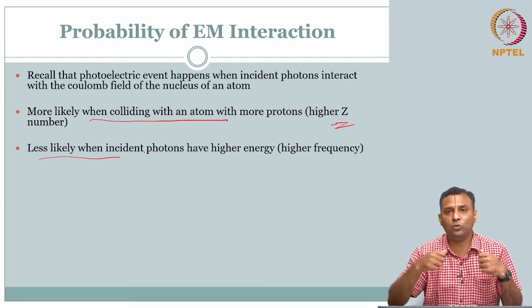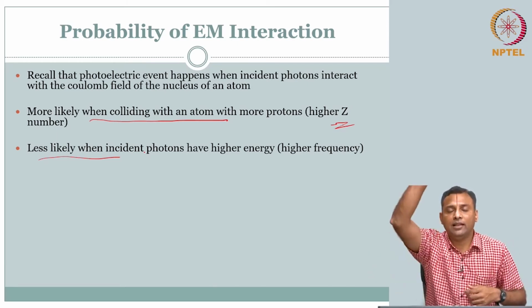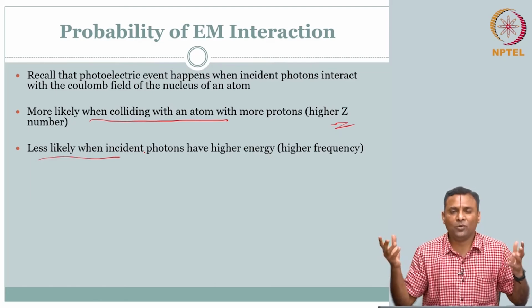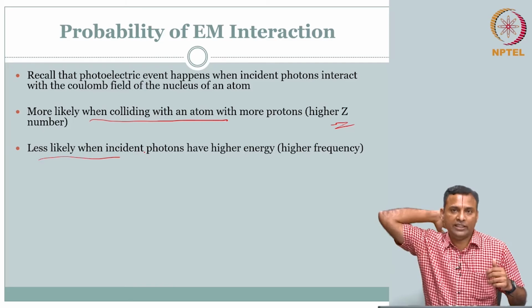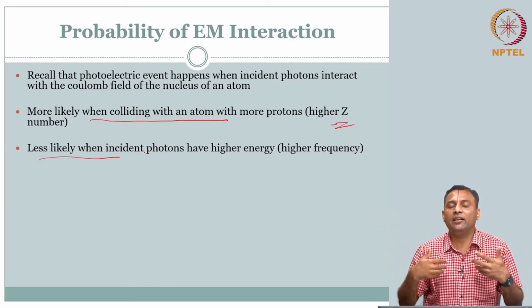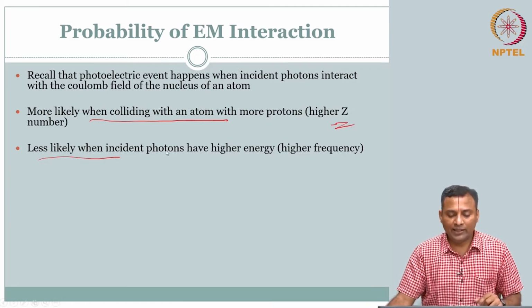If the energy is way too much, I won't interact with them. I'll just run through, they will all fall apart, I'll keep going. So I won't lose much energy in that sense. So what is the fun? I send some energy through, it doesn't interact with the tissue, it comes out. What is the fun? I don't get anything from that. So less likely when the incident photons have higher energy.